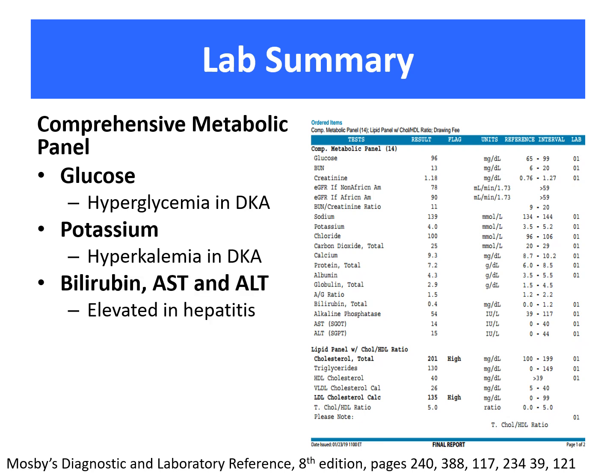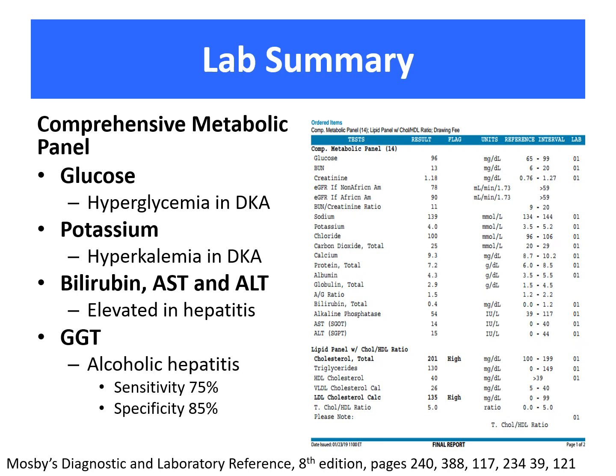We talked about, in a patient with jaundice, you're going to want to order the CMP looking specifically at your bilirubin, your AST, and your ALT. These would be elevated in hepatitis. And if the GGT were also elevated, you can comfortably say that alcohol has played a role in the inflammation of the liver.